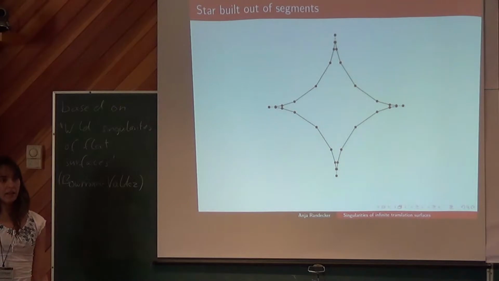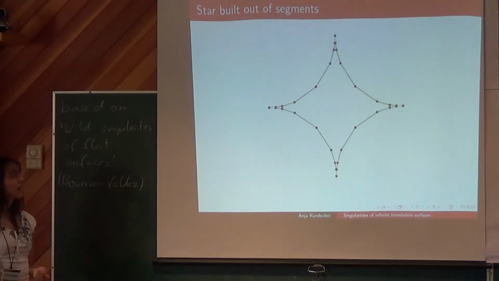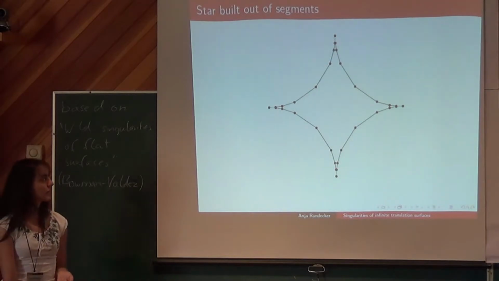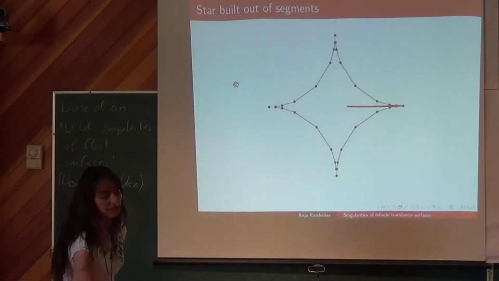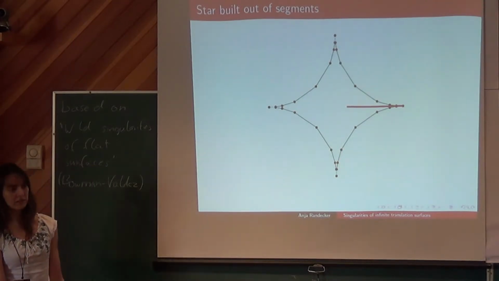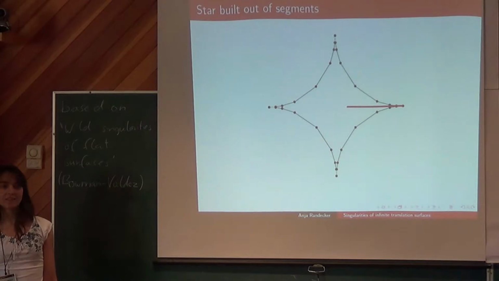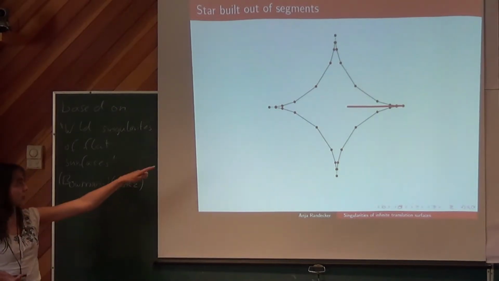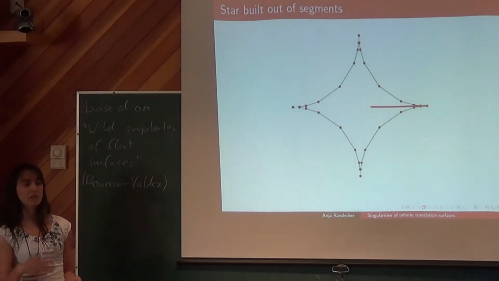Like in the first example, we have parallel sides of equal length, so we have a translation surface. Well, look at this rotational component. We can't rotate it. It's a rotational component. We have a geodesic embedded, but there's no space to rotate it.